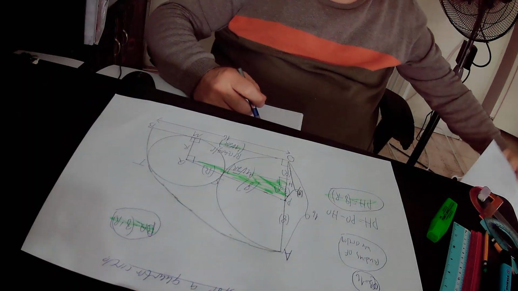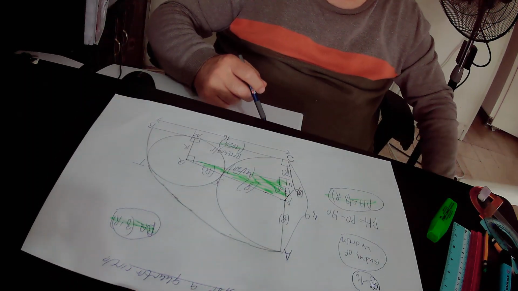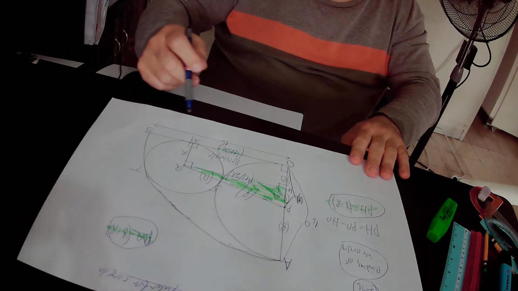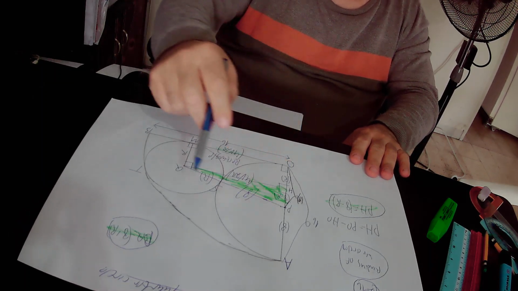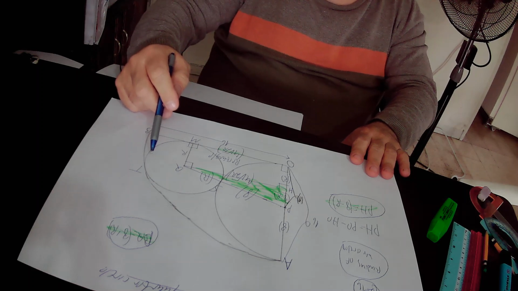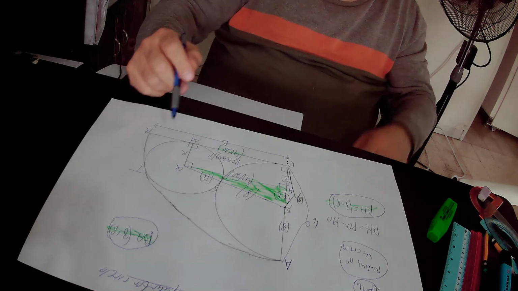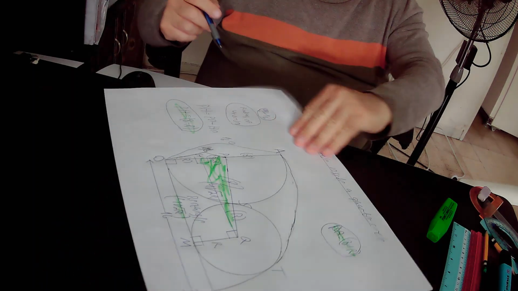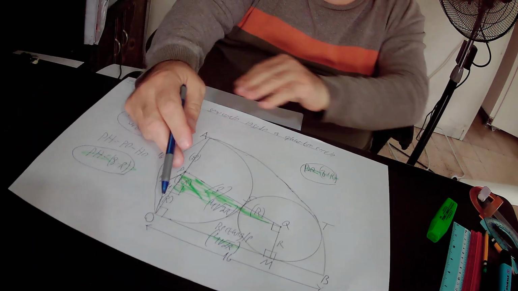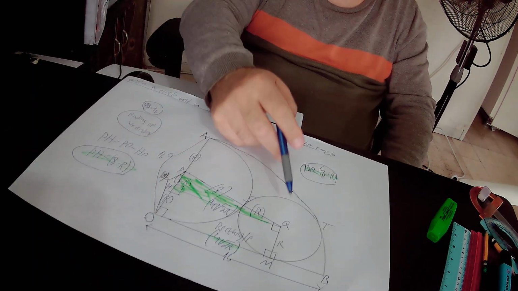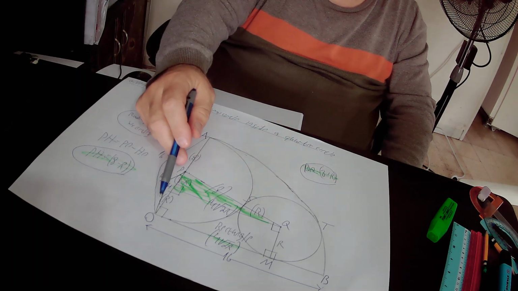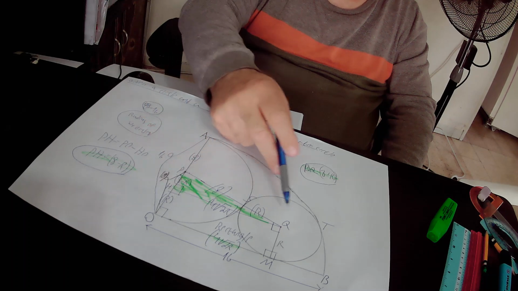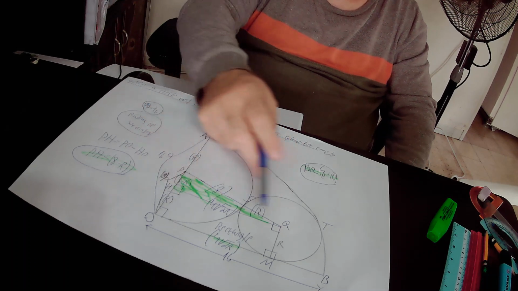We can implement rule 9 in our drawing. Why? Because in our drawing the small circle touches the big quarter circle internally at point T. The center of the big quarter circle is here at point O. The center of this small circle is here at point Q. And the straight line that connects the centers together is the straight line OQ.